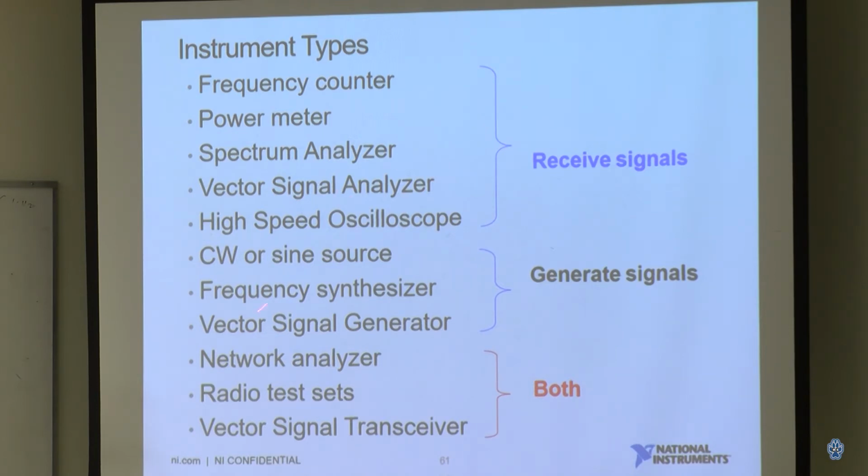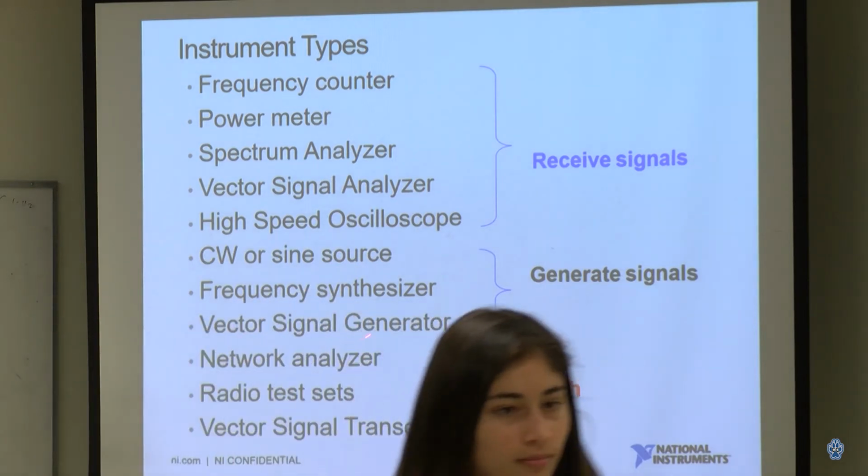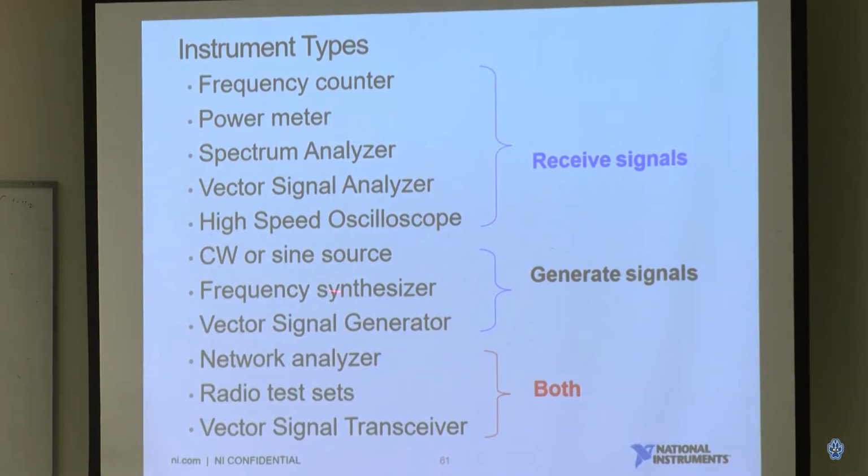And same idea for generating signals. You can generate a CW signal, like a single sinusoid signal, right? And you can also generate an I and Q modulation signal. So this comes down to a frequency synthesizer and a vector signal generator. A frequency synthesizer is more like an LO, local oscillator, used in mixing products, in up converters and down converters.